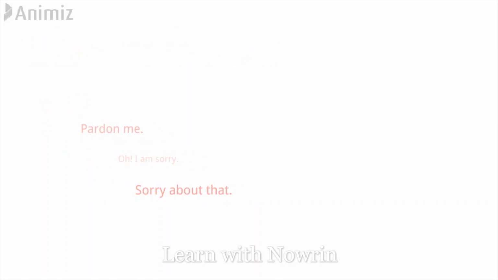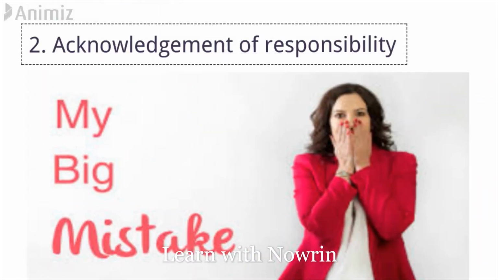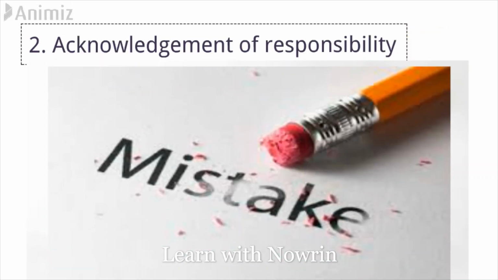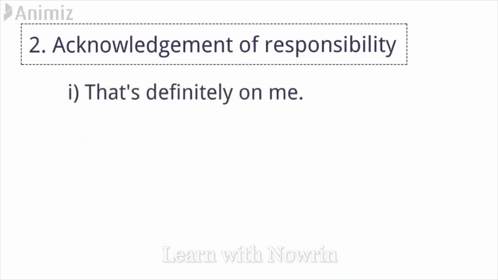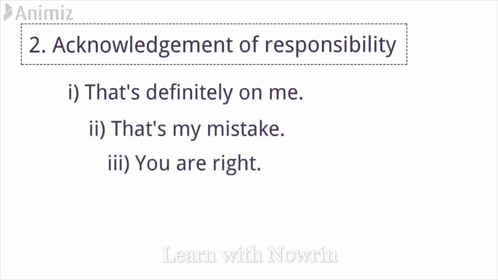Then comes the acknowledgement of responsibility. That means you will show that you feel that you were responsible for the mistake that you have made, and you will share this by using some common phrases like, that's definitely on me, that's my mistake, you are right, it's totally my fault.